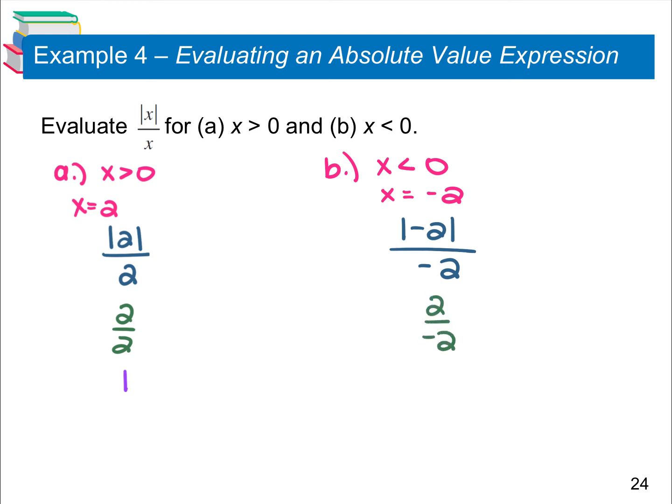And 2 over -2 is equal to -1. So what do we see with these two? If you're taking the absolute value of a number and it's over itself, if that number is positive, it's going to stay positive. If that number is negative, your answer is going to be negative. That's if there's no other operation happening here. Okay?